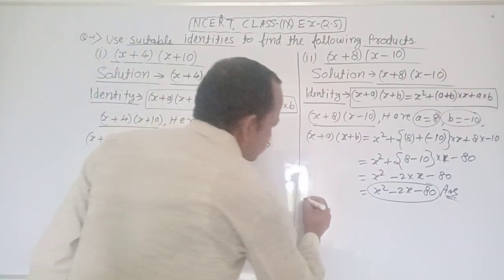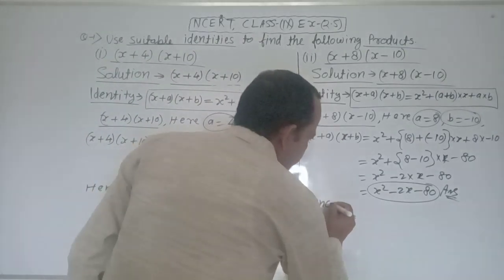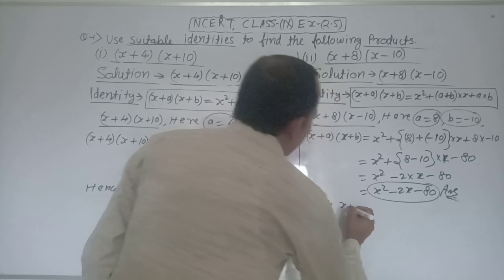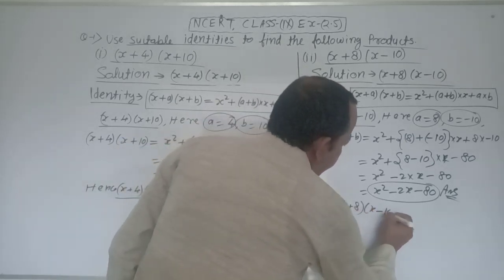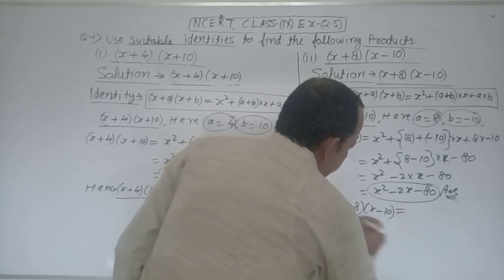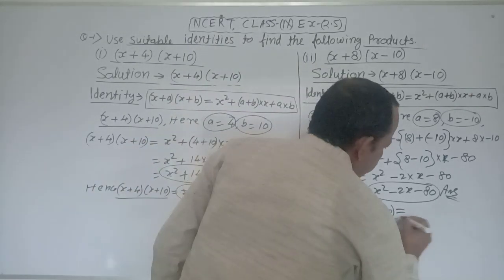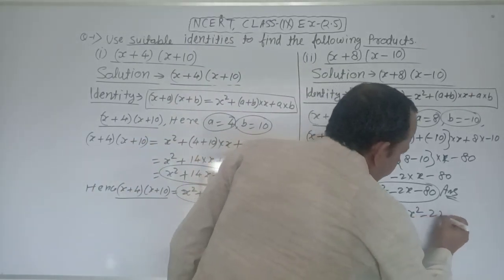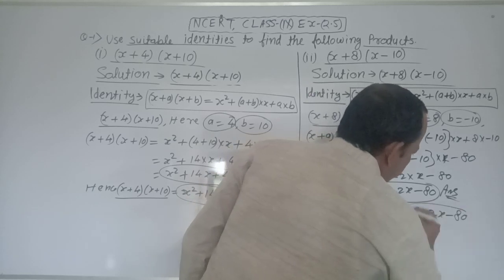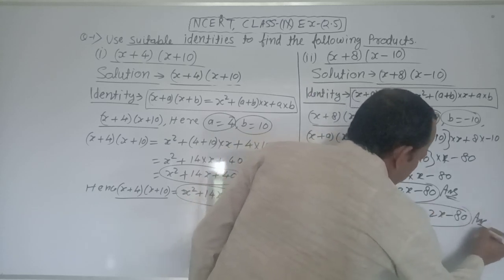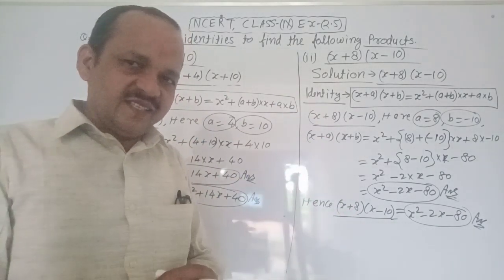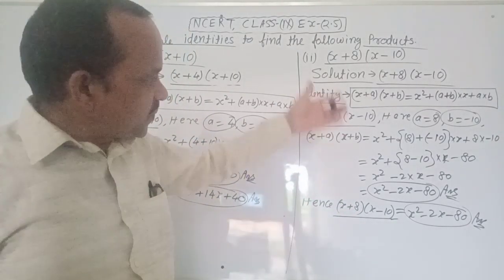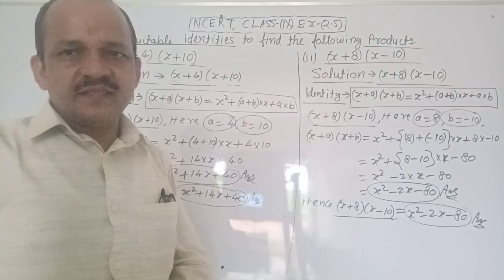Hence, (x + 8) in the first brackets, (x − 10) in the second brackets equals x² − 2x − 80. It is your answer. You find your solution very easily by the help of this identity.